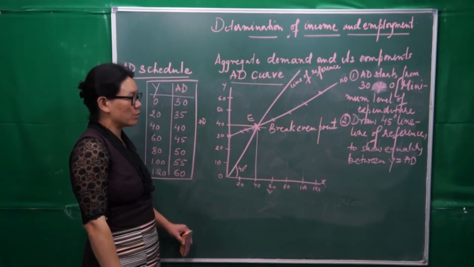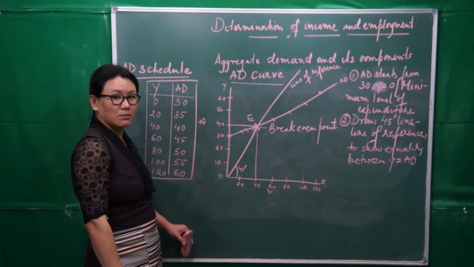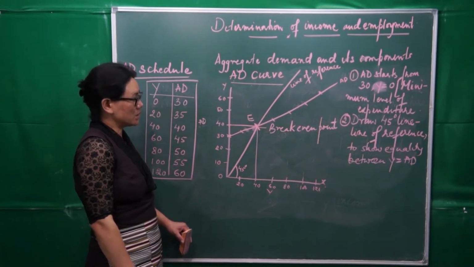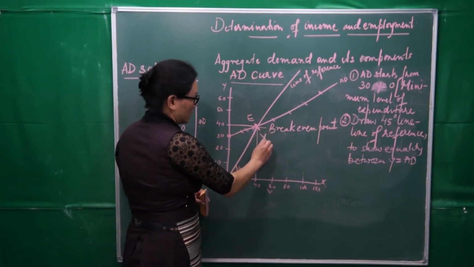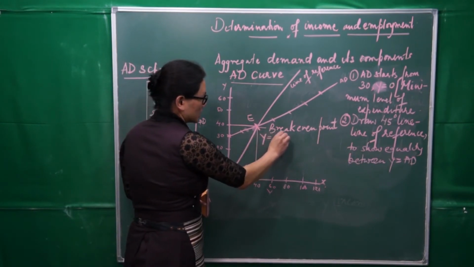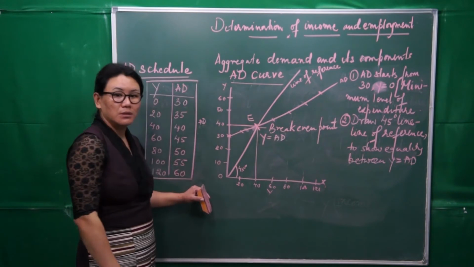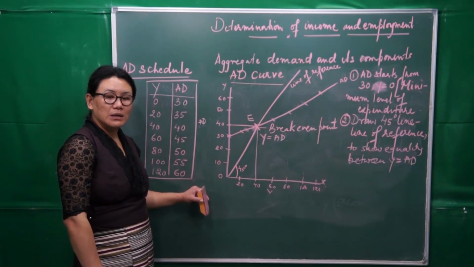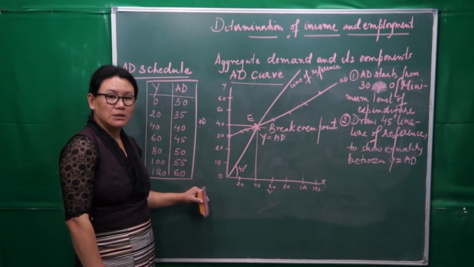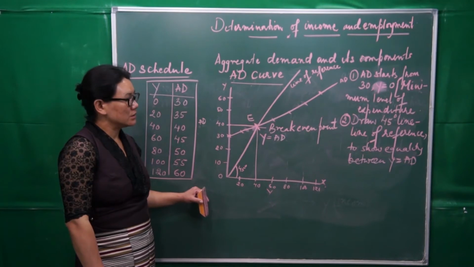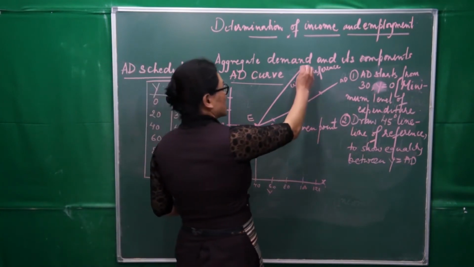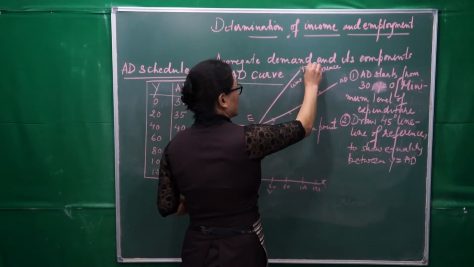What is this break-even point? What is happening at this point? We can see here what is happening. Y is equal to AD. So this 45-degree line is to show the equality between these two. Is that clear? So what we get here?